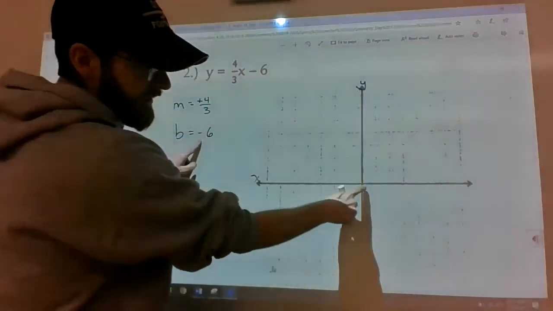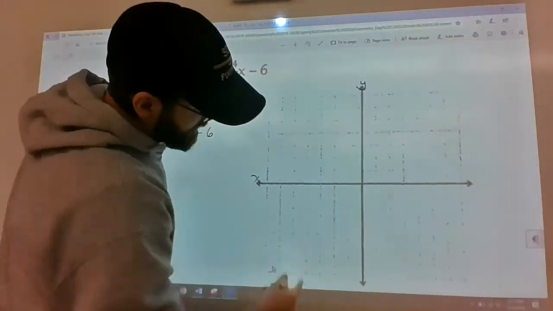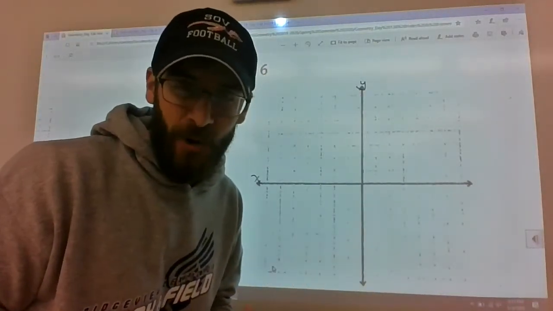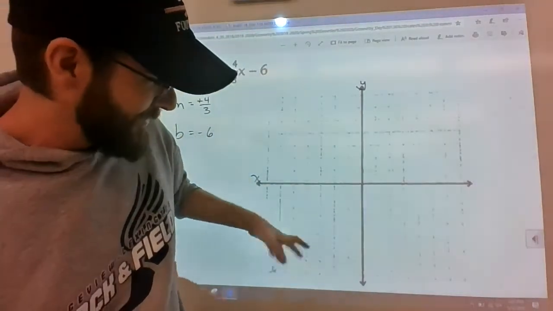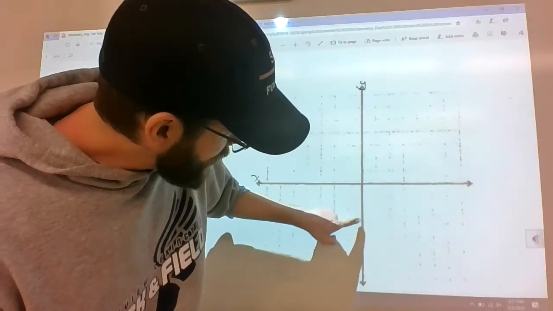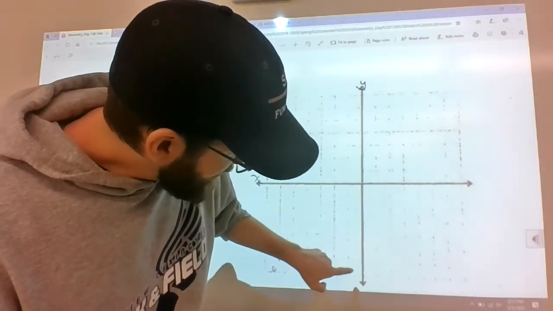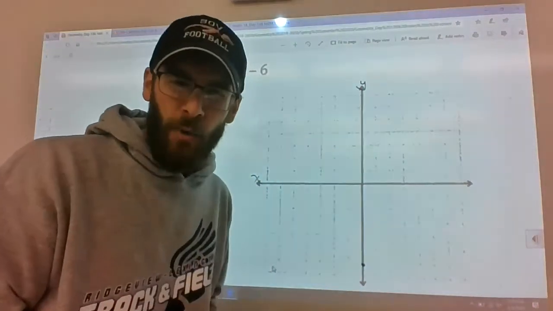B means start 6 units below the x-axis, so go down. Look, I'm sorry, it's really hard to see what 1 unit is on this, but I can kind of make out what's going on here. So go 1, 2, 3, 4, 5, 6. I'm going to say 6 units down is about right there.